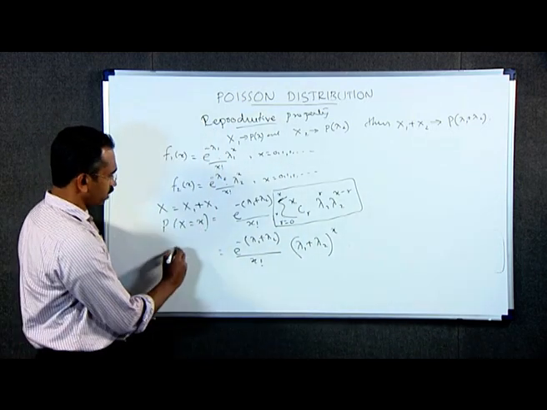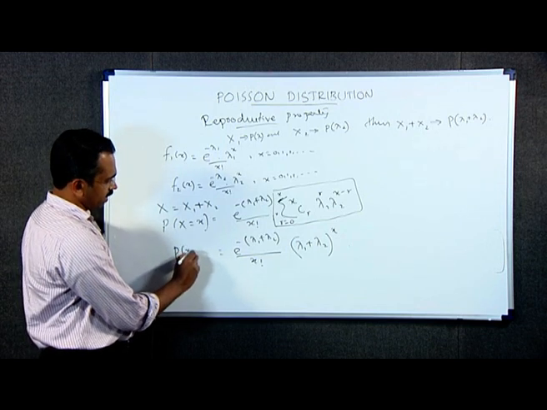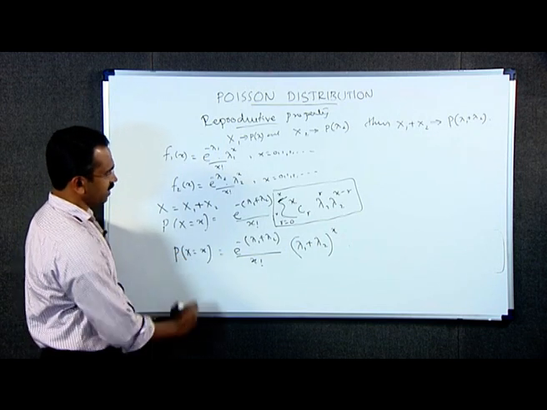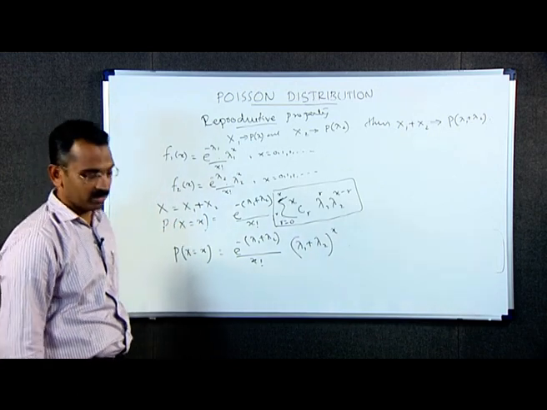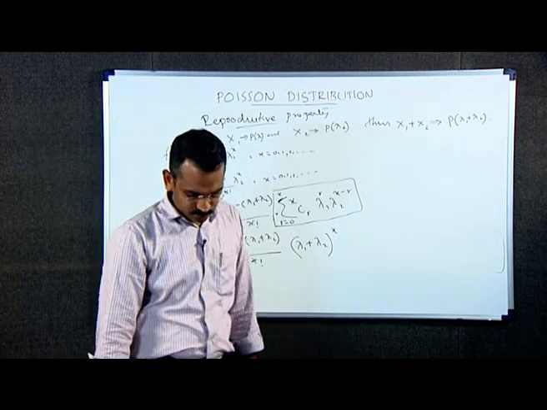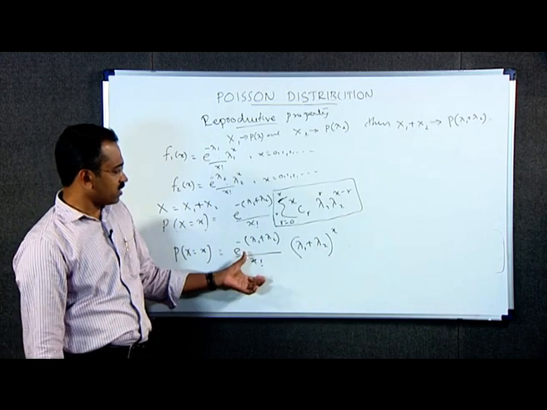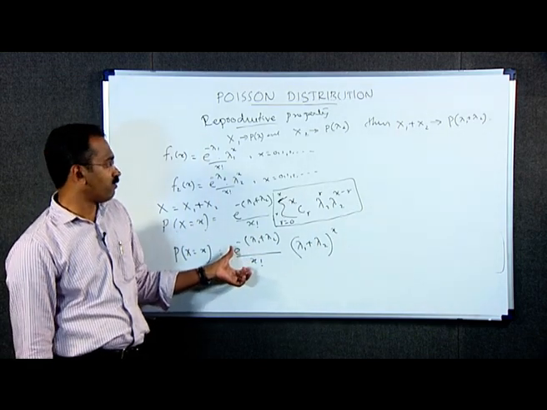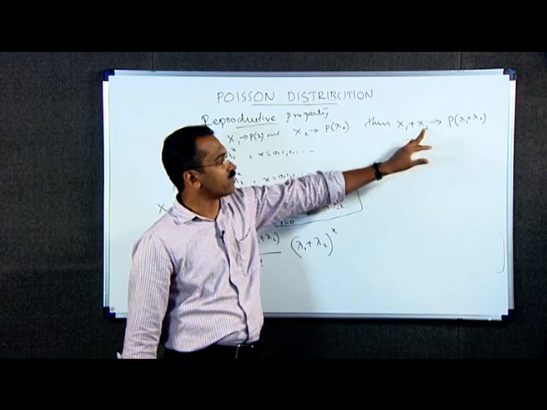That is probability of capital X equal to small x, where capital X is our x 1 plus x 2. This is the probability function of this sum x 1 plus x 2.